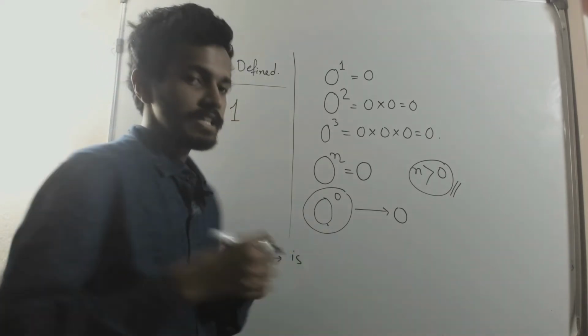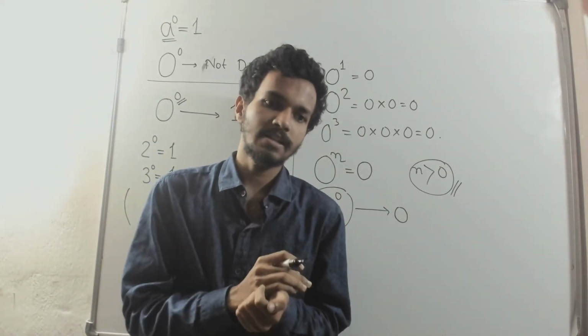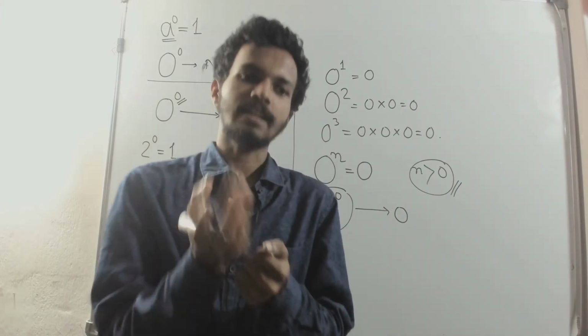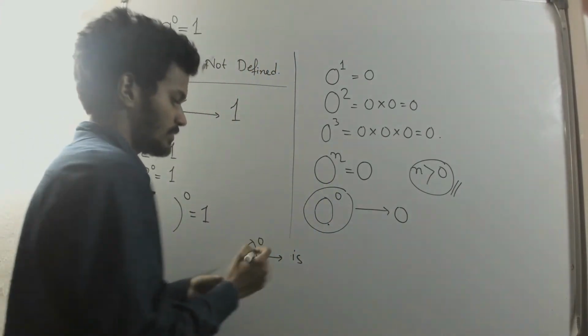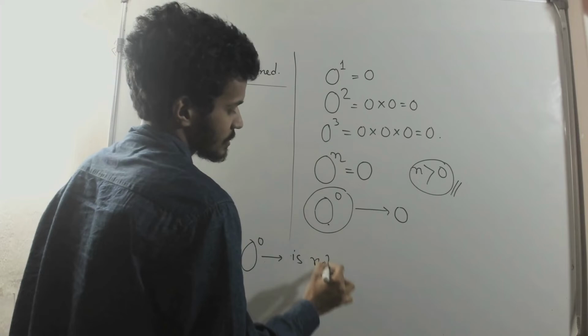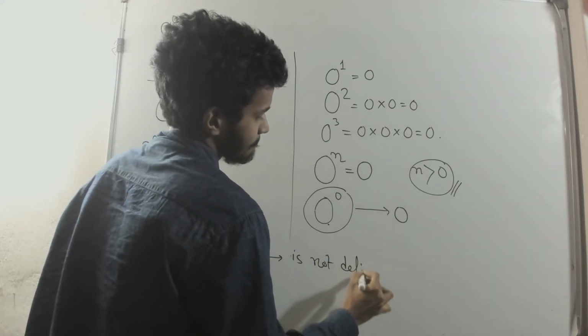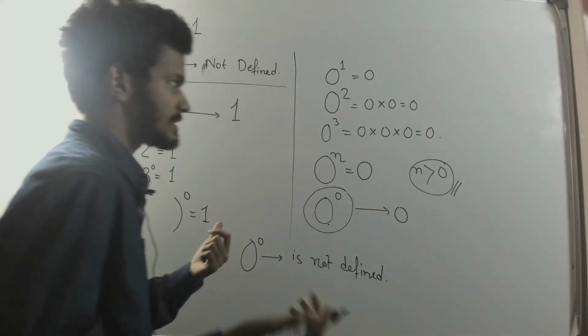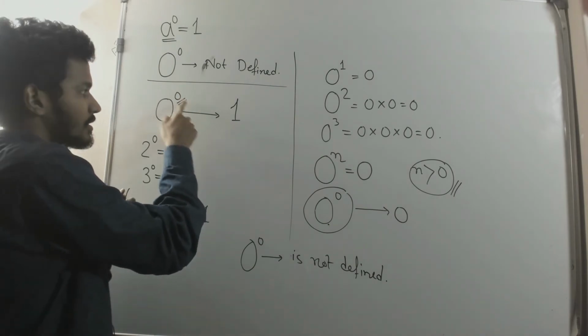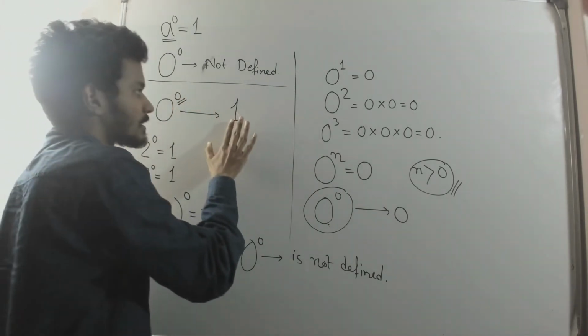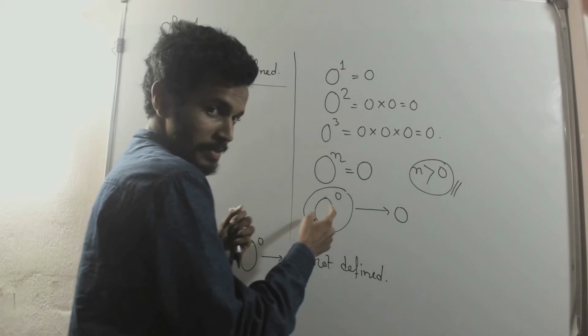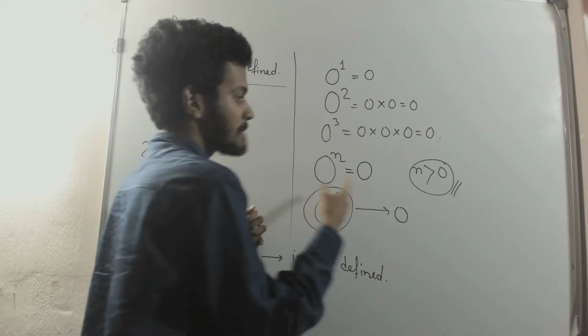Whenever there is a conflict in our mathematics, then we don't define that thing. So 0 to the power 0 is not defined. The reason is very simple. This 0 tells it to become 1, but this 0 tells it to become 0.